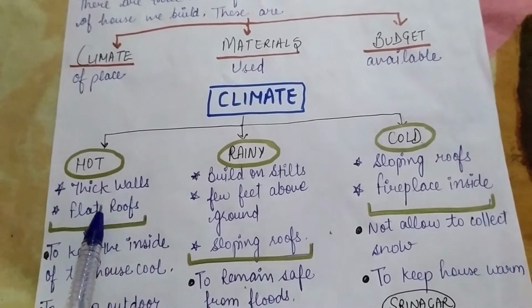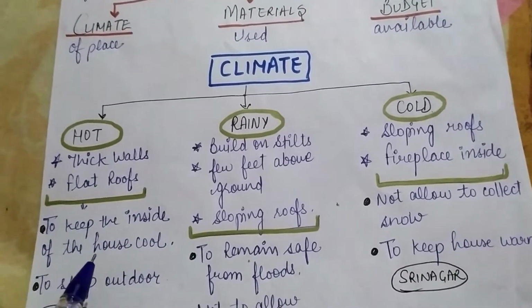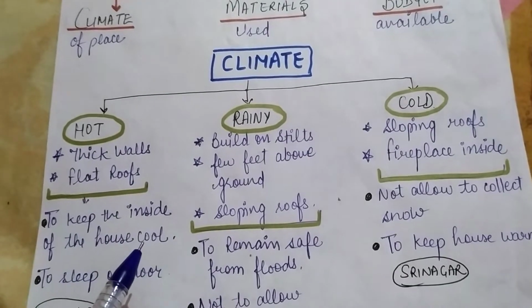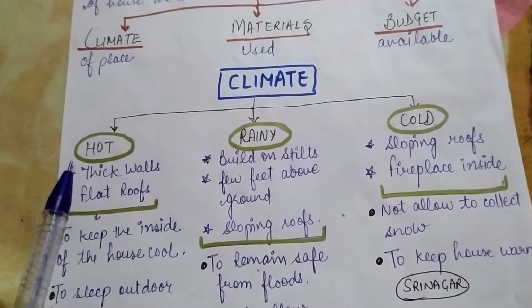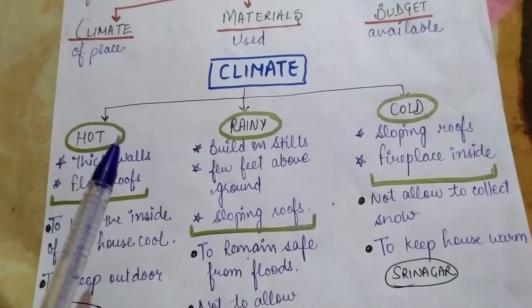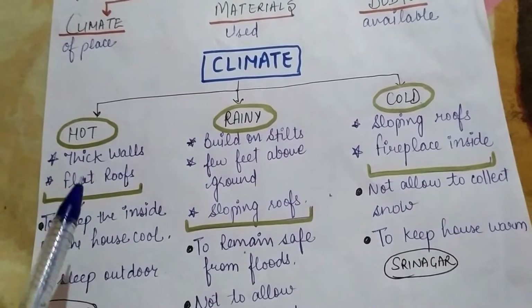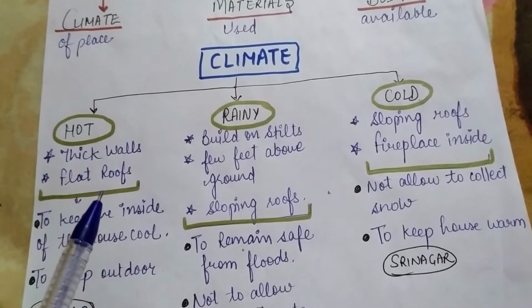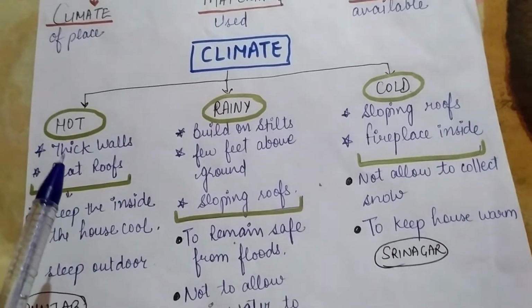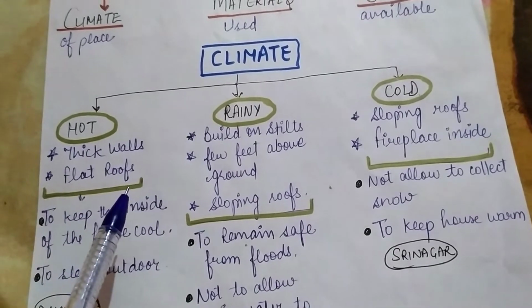Thick walls and flat roofs help to keep the inside of the house cool. And if the climate is very hot, then people need to sleep outdoors, and the flat roofs allow them to do so also. So that's why the houses in the hot climatic areas have thick walls and flat roofs.